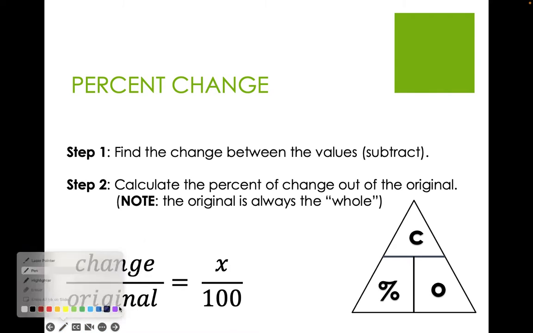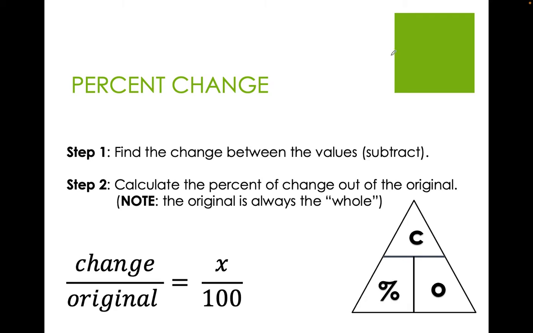So we will start by subtracting the two values we are given, and then we will second calculate what percent that change is that we calculated in the first step as compared to the original. And the original is always our whole.